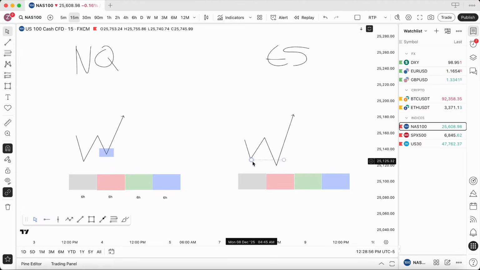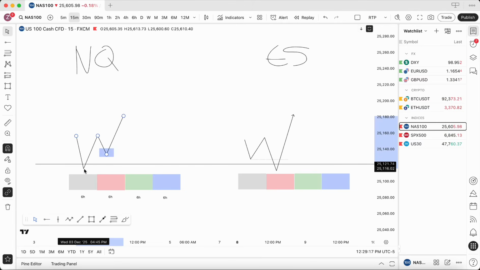The thing that matters is that the sequential SMT indicates time being right to be bought or sold while you're engaging with a key level. If you have a key level right here, this is a perfect example of what can happen.